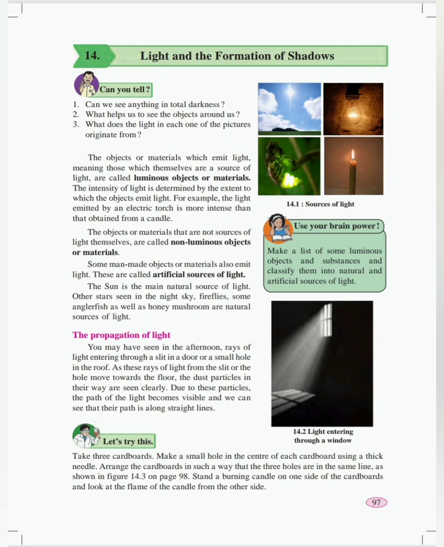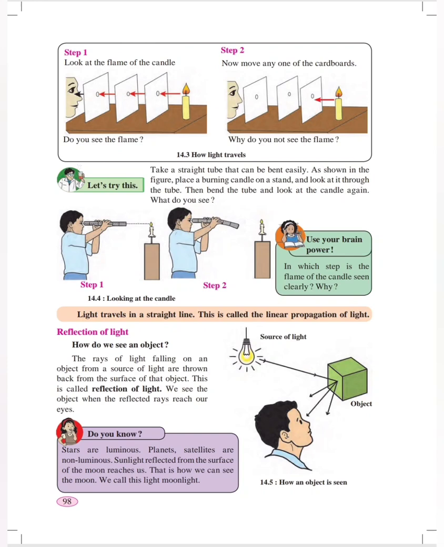Let us now try the activity on textbook page number 98 to prove that light travels in a straight line. Both these activities have two steps. In the first step of the first activity, you can see that there are three cardboards placed aligned in a straight line, where the holes are aligned in a straight path in such a way that the light of the lit candle can be easily seen by the person.